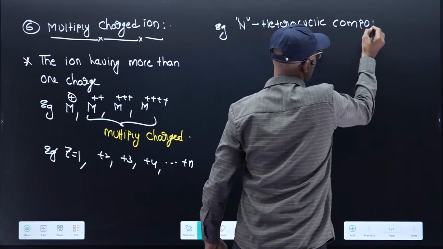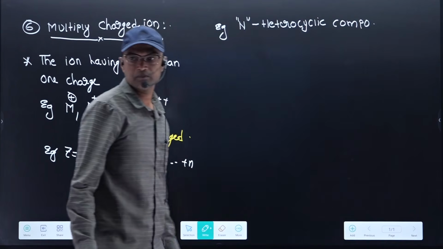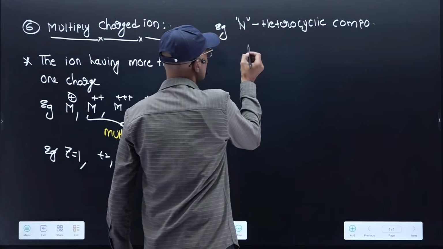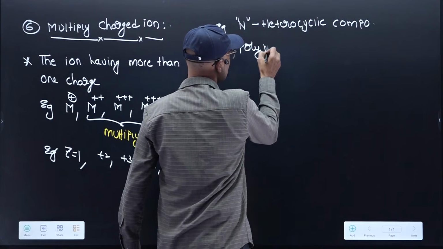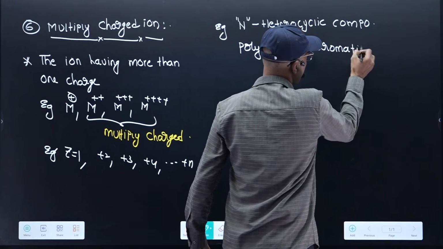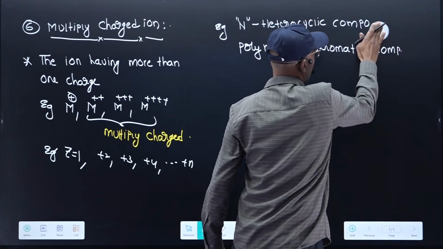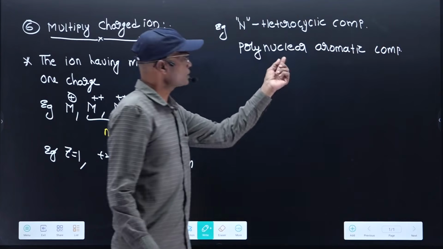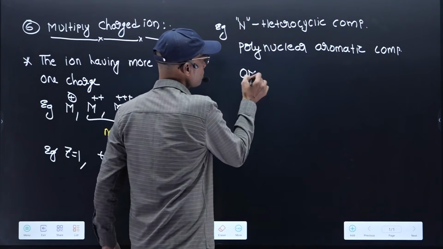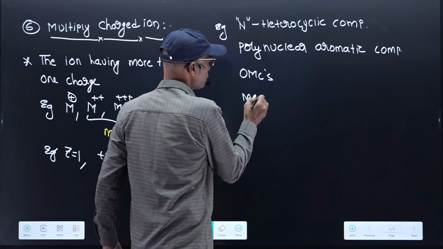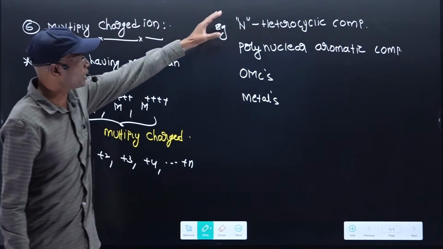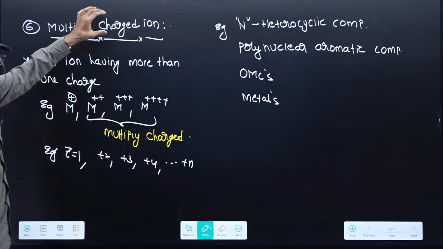Most nitrogen heterocyclic compounds can show this kind of character: pyridine, quinoline, isoquinoline, etc. Then we can also go through selective polynuclear aromatic compounds such as naphthalene, anthracene, etc. Next, we can also take an example of organometallic compounds, and a few examples of metals. Even pure metals and organometallic compounds can show this character. So these kinds of compounds can show the property of a polycharged skeleton.